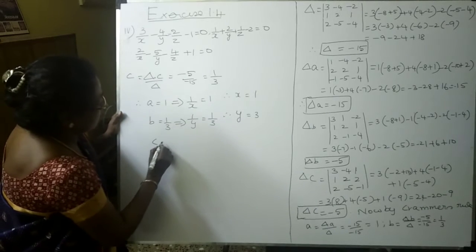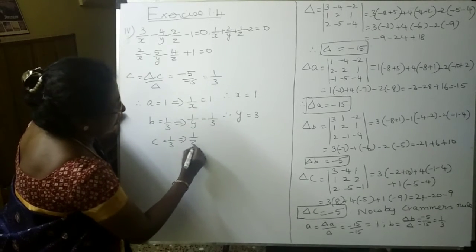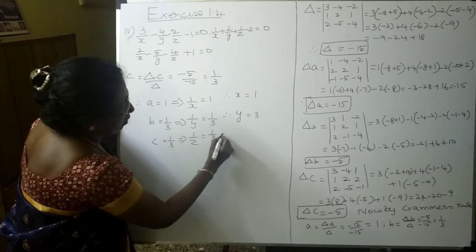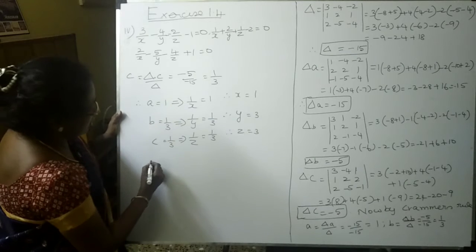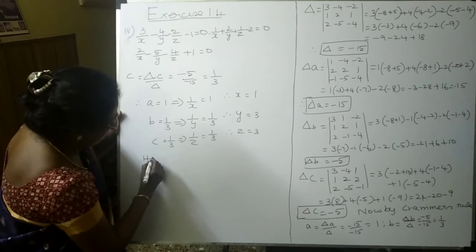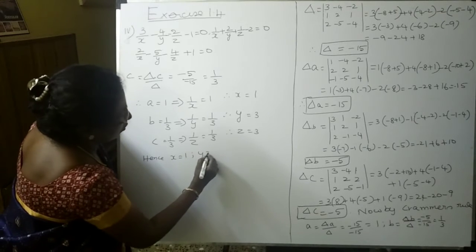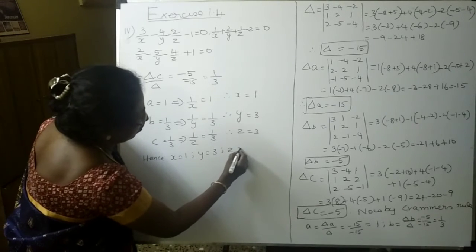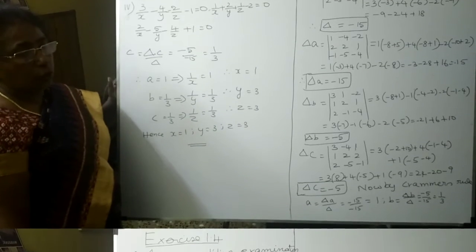Then c is equal to 1 by 3 gives you 1 by z is equal to 1 by 3. Therefore, z is equal to 3. Hence, the solution is x is equal to 1, y is equal to 3 and z is equal to 3. This is the solution for the given set of equations.